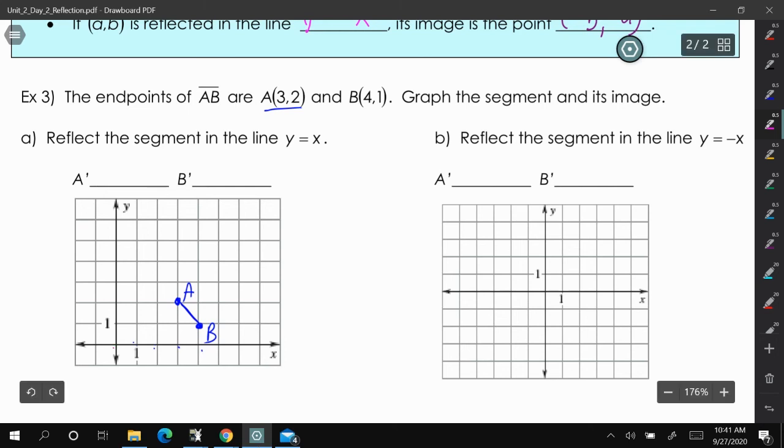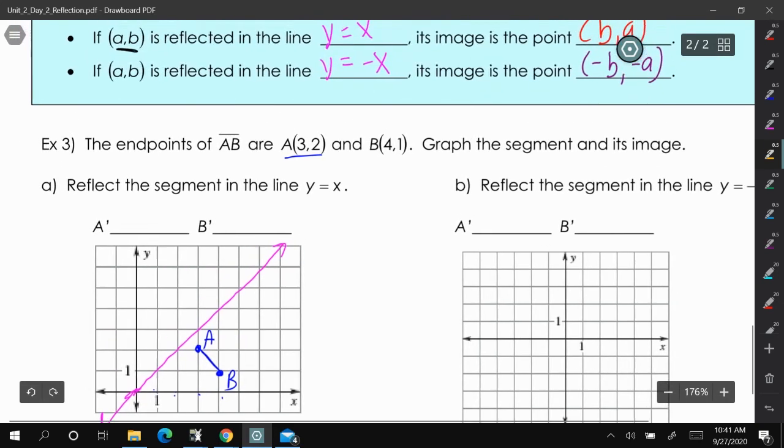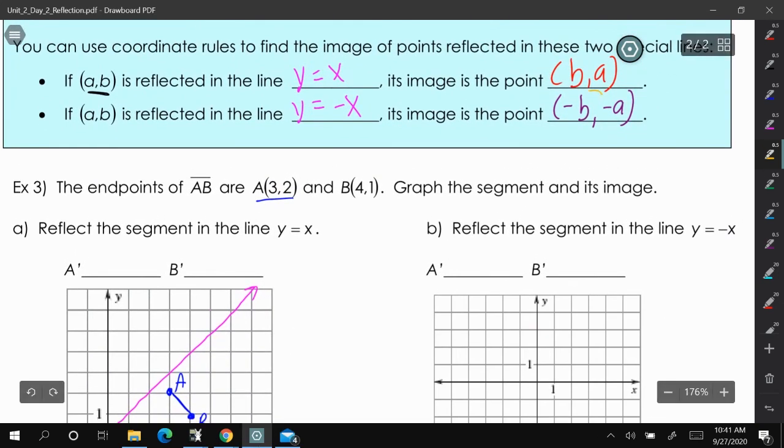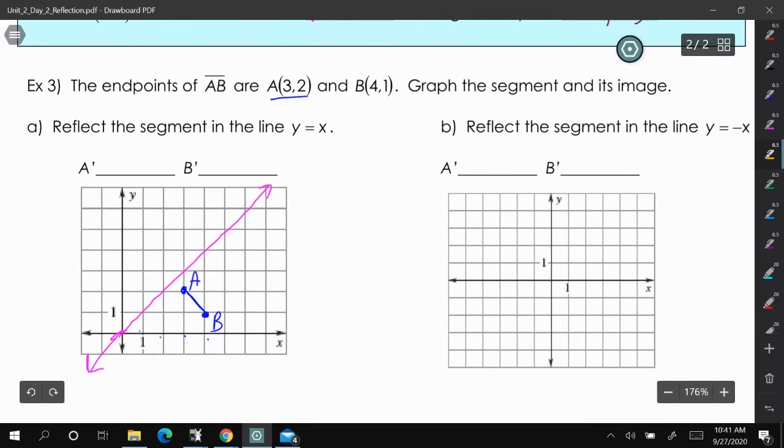The line y equals x is a diagonal line that goes to the origin and has a slope of 1. So this is our line of reflection. And if I'm reflecting over the line y equals x, I'm going to switch places for each coordinate. So A prime will become (2, 3), and B prime will become (1, 4).